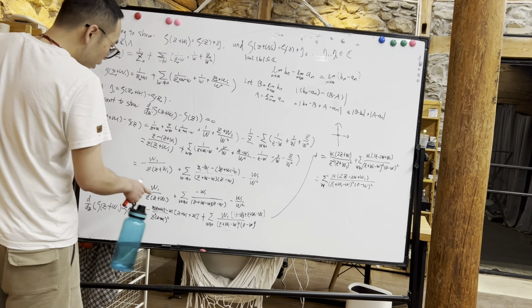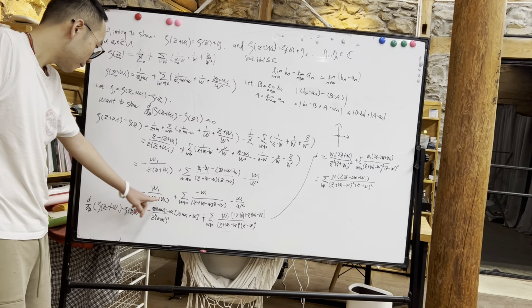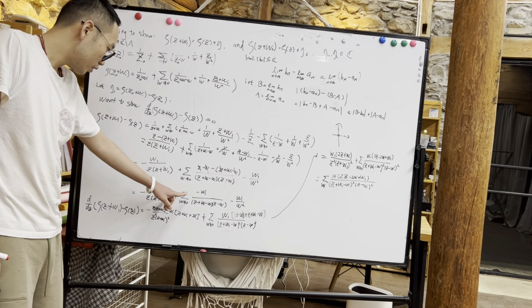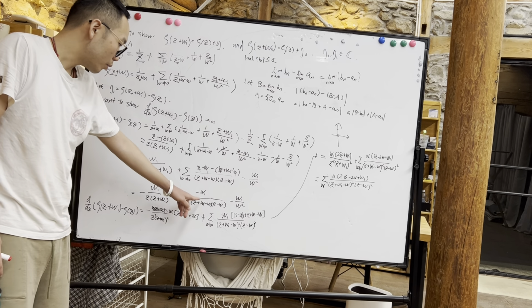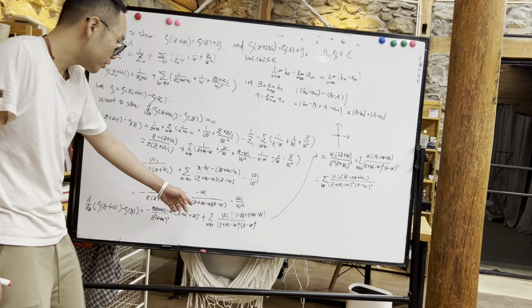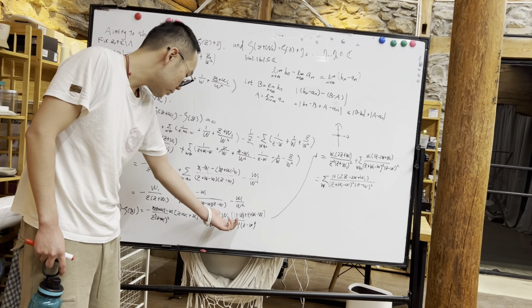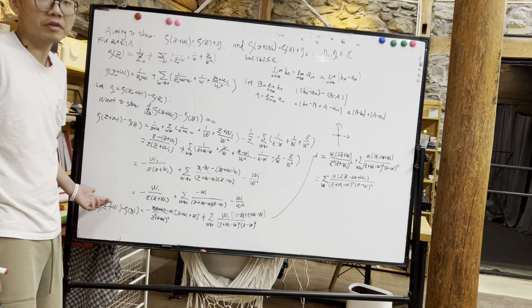So if I take the derivative of this and then take the limit, this is exactly the limit of the derivative, and this is just the derivative of the limit function.